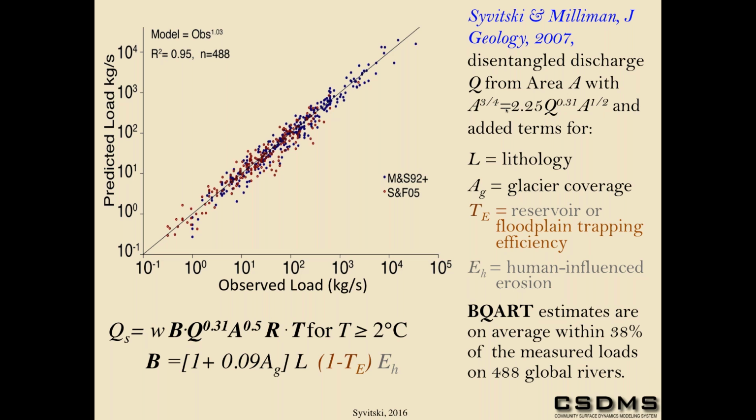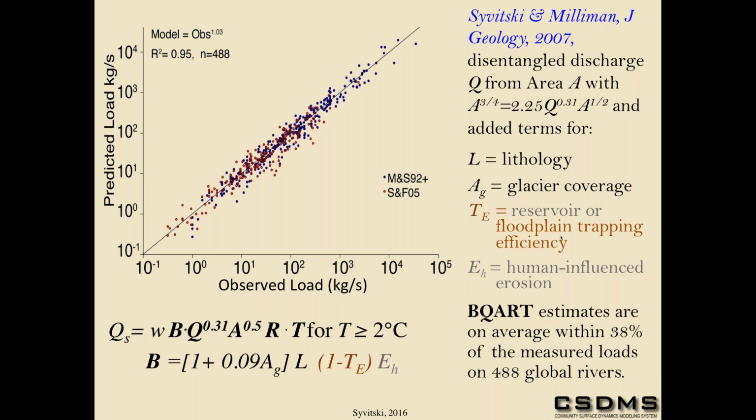So then we got this Bogart equation, where this B part of the equation relates to these other tertiary factors, such as lithology in the rock types that are being weathered, or the amount of glaciers in your hinterland, or, for instance, if there is a significant amount of floodplain trapping, and I will talk about that, and other human influences.